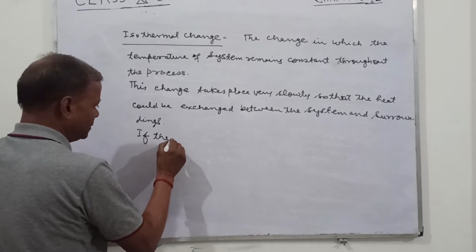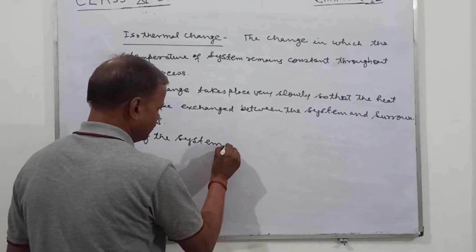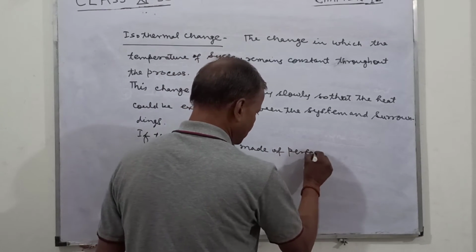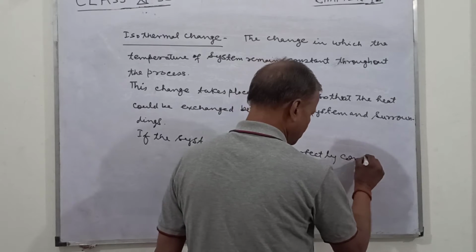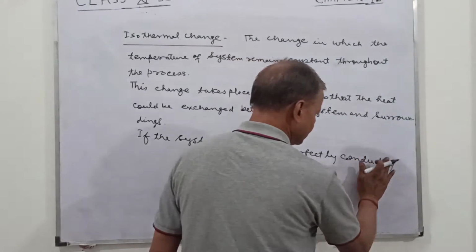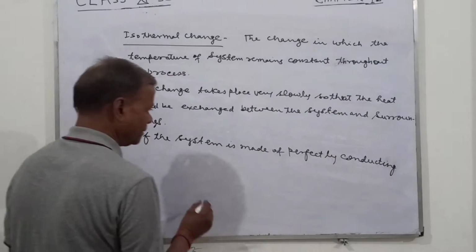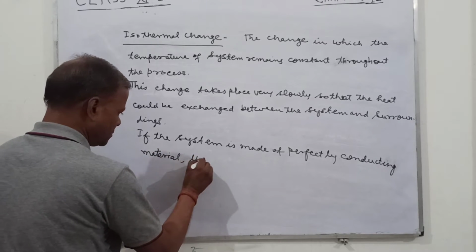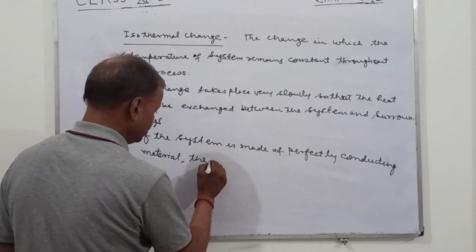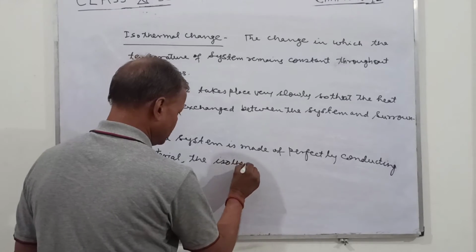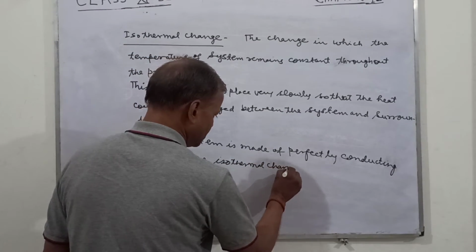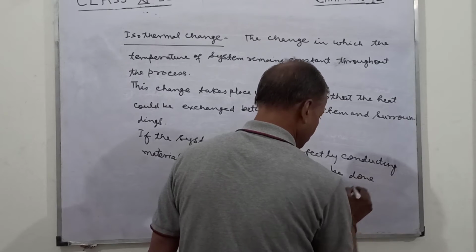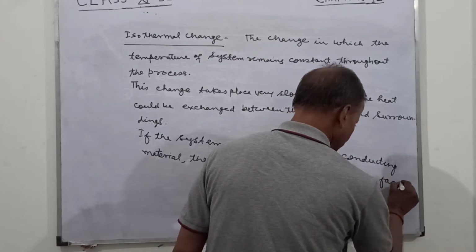If the system is made of perfectly conducting material, the isothermal change can be done fast.